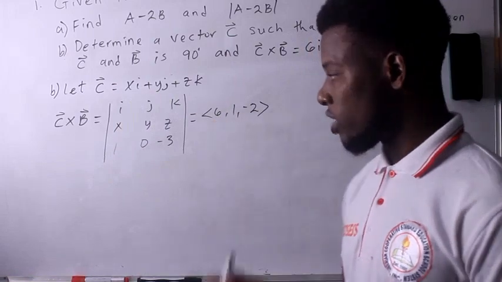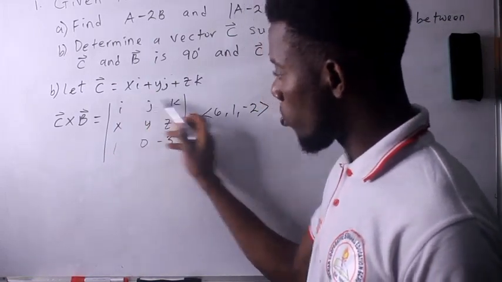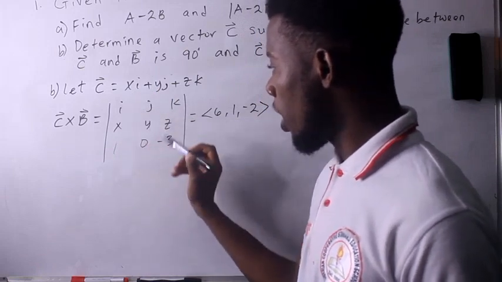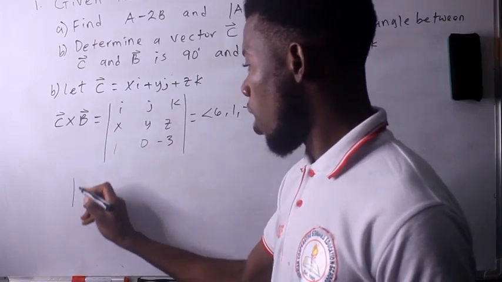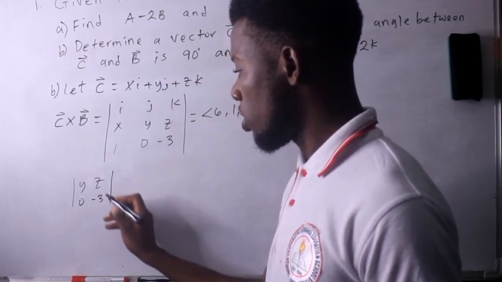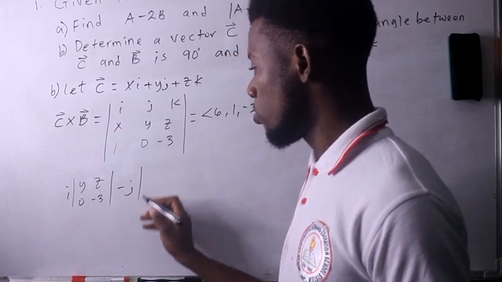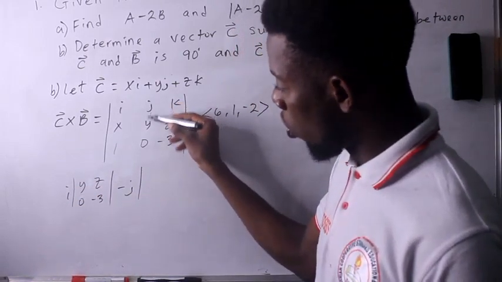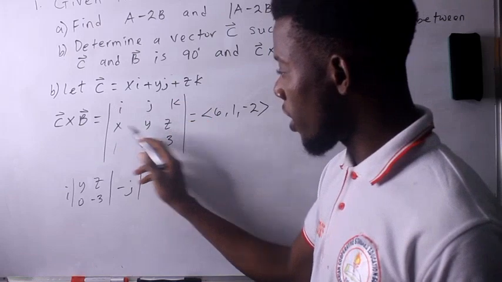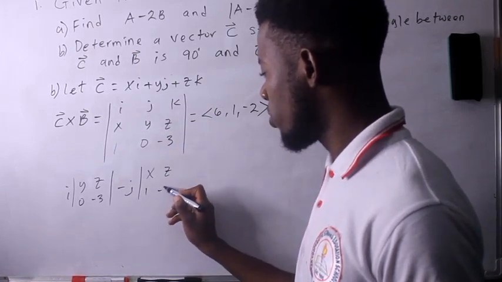If we cancel the row and the column of i, we have y, z, 0, minus 3, and this is in the i direction. Minus j, we cancel the column and the row of j, we have x, z, 1, and minus 3.